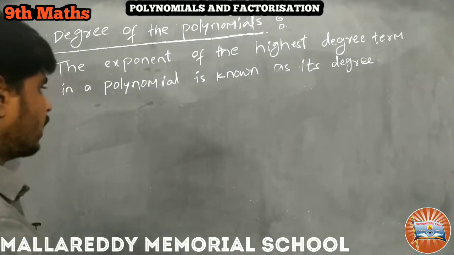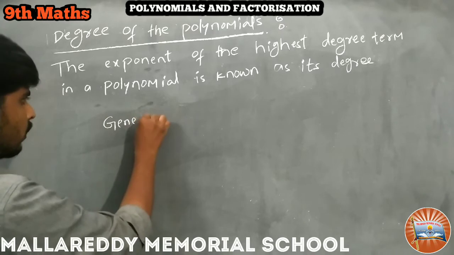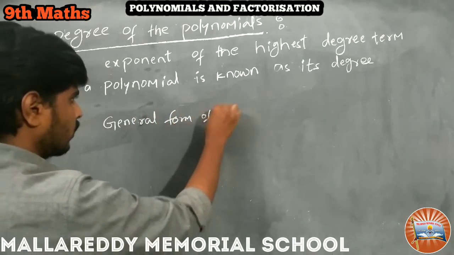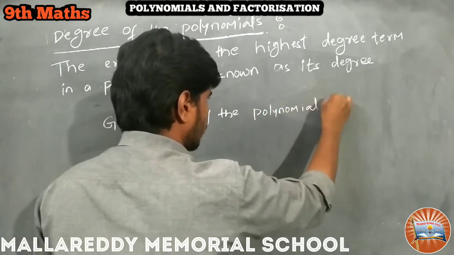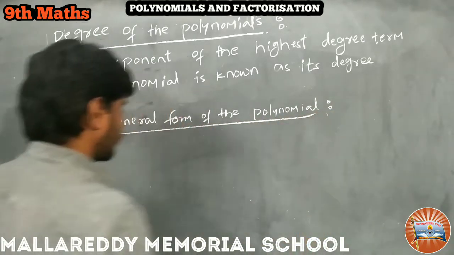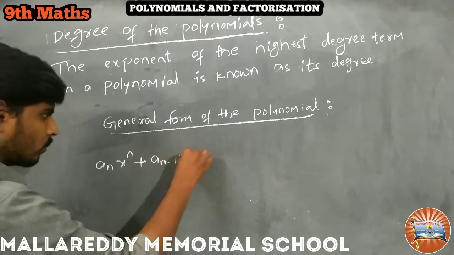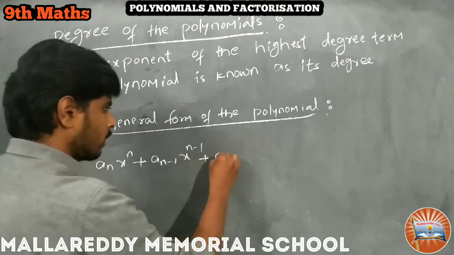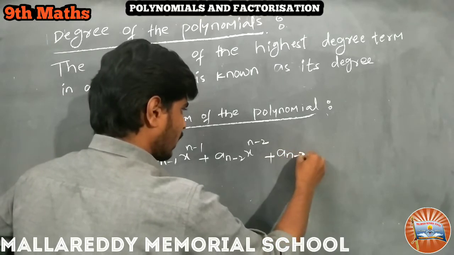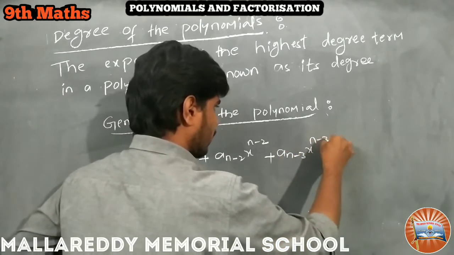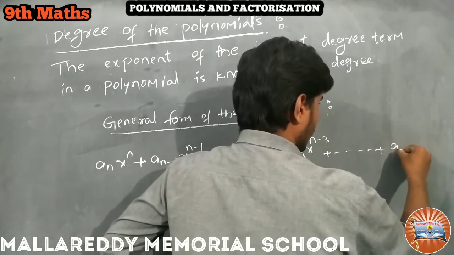Now the general form of the polynomial: an x power n plus an minus 1 x power n minus 1 plus an minus 2 x power n minus 2 plus an minus 3 x power n minus 3 plus so on, a naught.